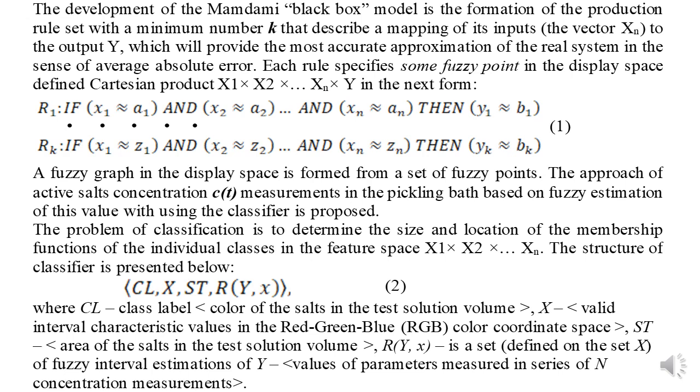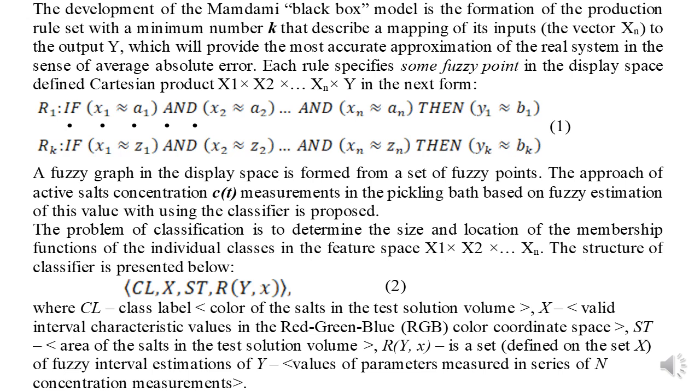To build our system, we need to form the production rule set with a minimum number of rules, which would describe a mapping of its inputs.